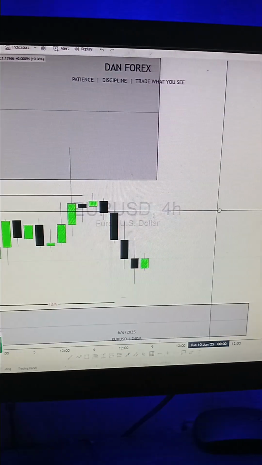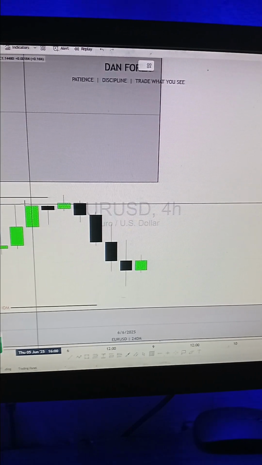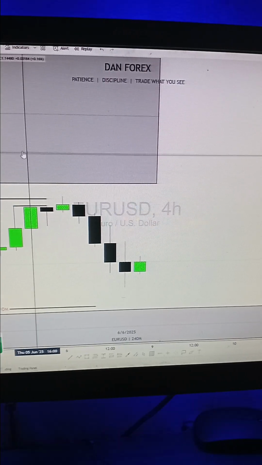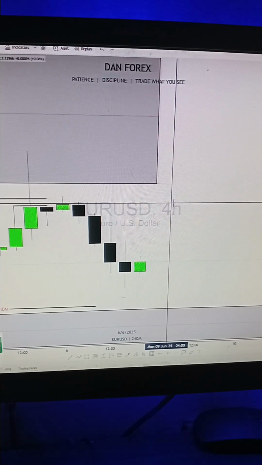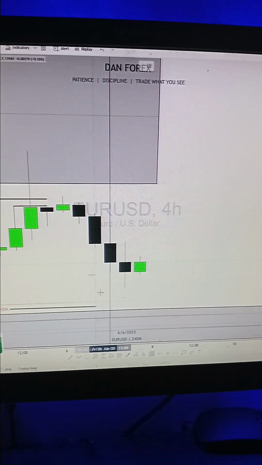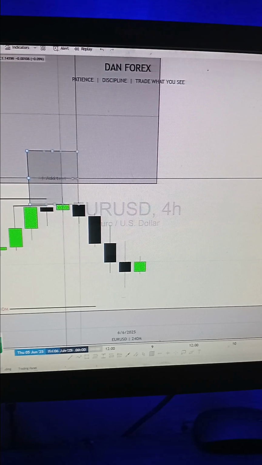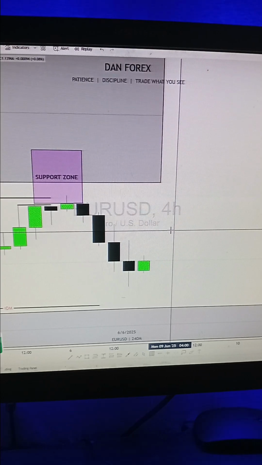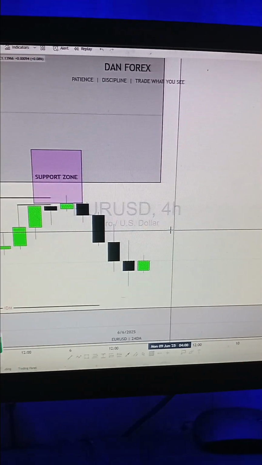Okay, so what else do we have here? We can see that the high of this 4-hour candle was also taken out. So you could have taken the shadow of this 4-hour candle to pick your sells. The shadow acts as your supply zone, right? This is on 4 hours, but this supply zone is too big.